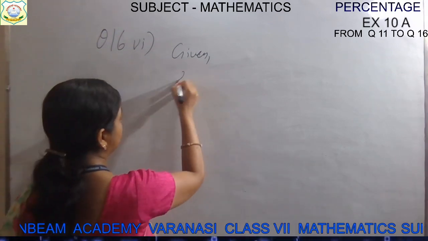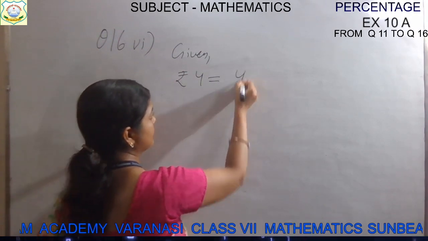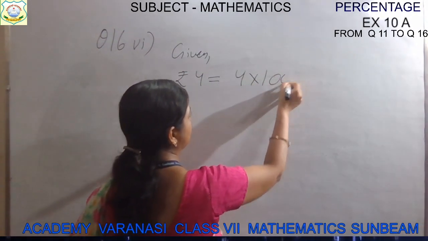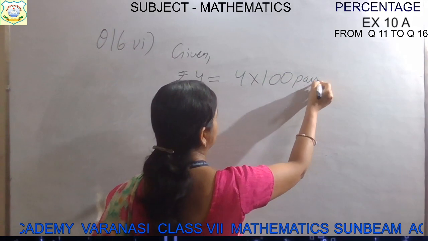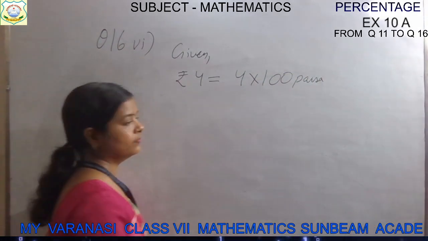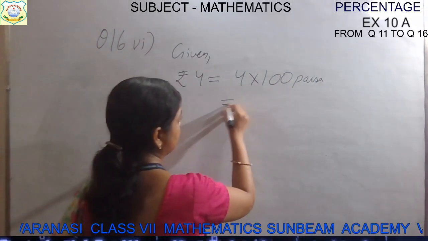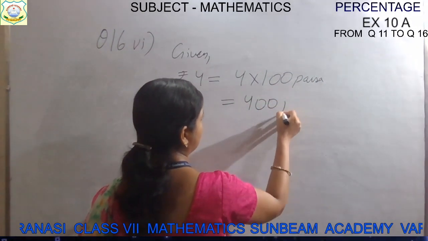Rupees 4 can be converted into paise by multiplying it with 100 paise, so 400 paise.